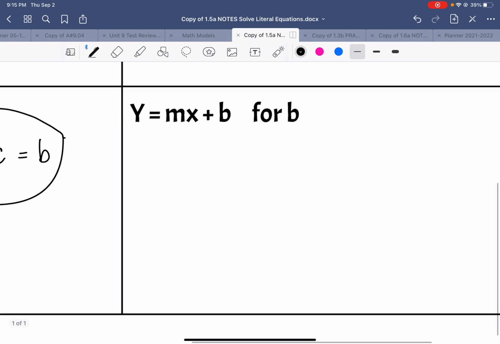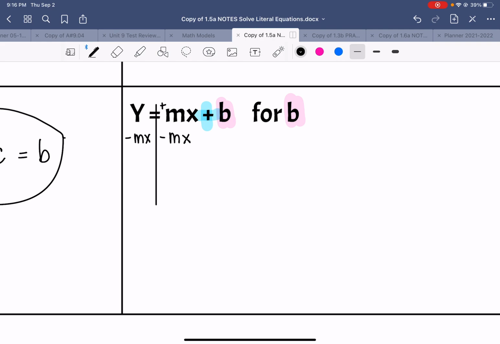All right, last but not least, I want to solve for B here. Okay. So as I'm looking at B, there's only one thing that's happening to it. It's being added to MX. So in order to undo the MX, I must just take the sign in front of it, which right now is a positive sign, and subtract it from both sides.